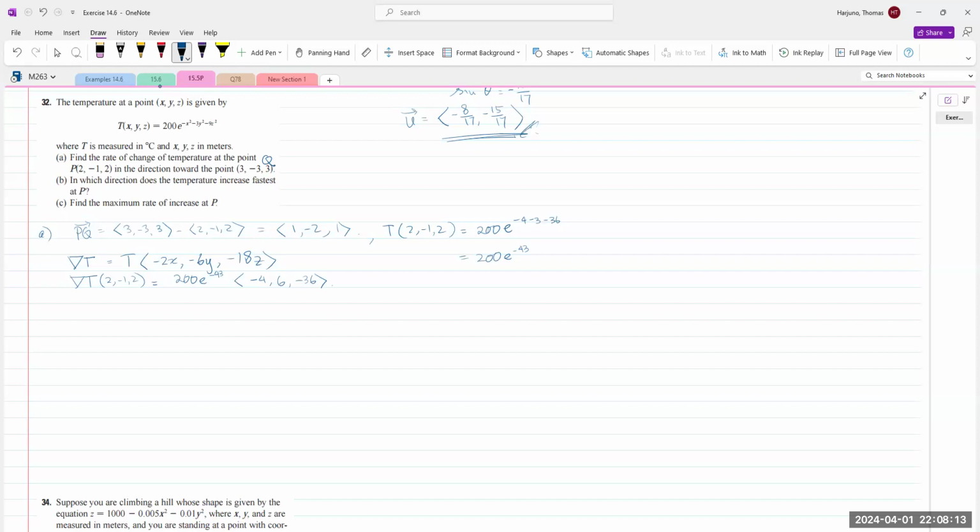Now, how about the direction u? The direction u will be 4, 5, 6, so 1 over square root of 6 times 1, negative 2, 1.